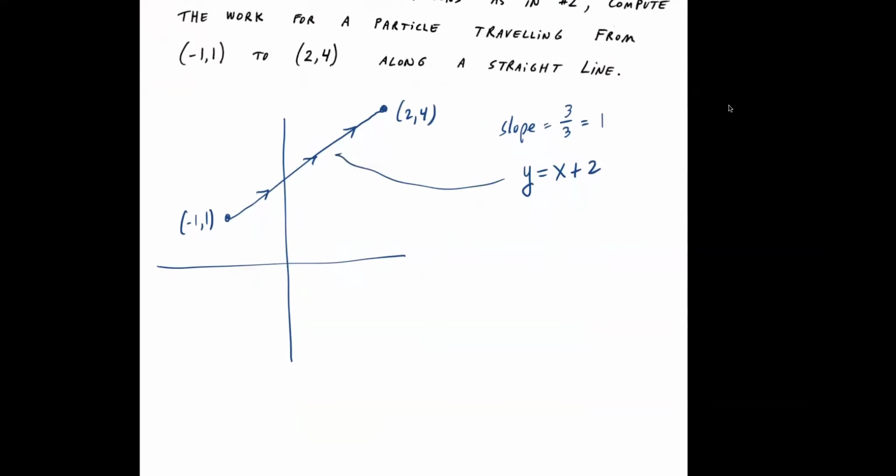So that's the line that this curve is traveling over. In our parameterization, in this case, we can take x equals t, y equals t plus 2, dx equals dt, dy equals dt, and t will run between -1 and 2.